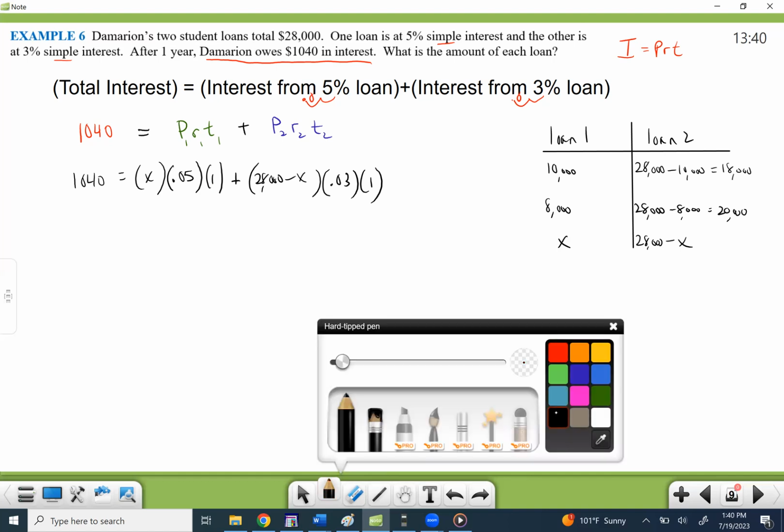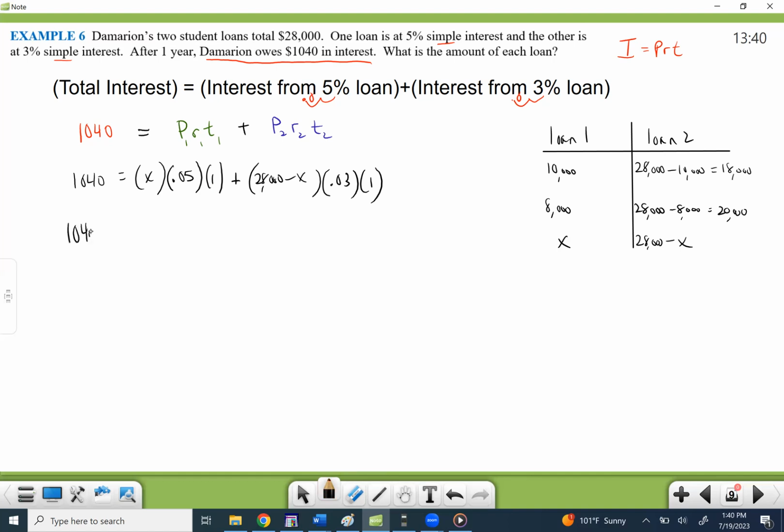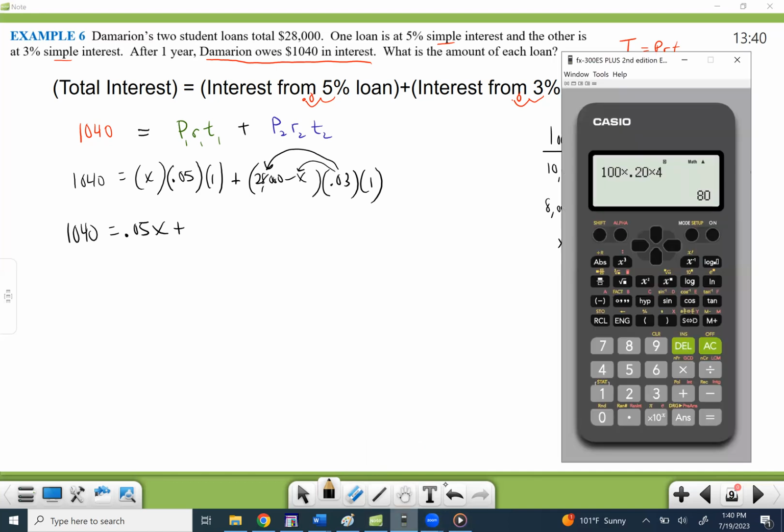All right, so here's the equation that we have. The hard part is done, you guys. We got 0.05 times X, because multiplying by 1 doesn't do anything. And then I'm not going to worry about this guy because it's a 1. I'm going to distribute the 0.03. So 0.03 times 28,000, I'm getting 840.